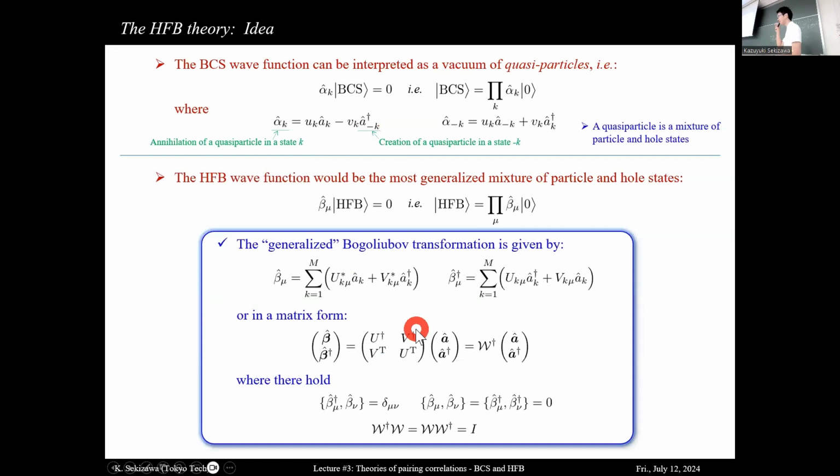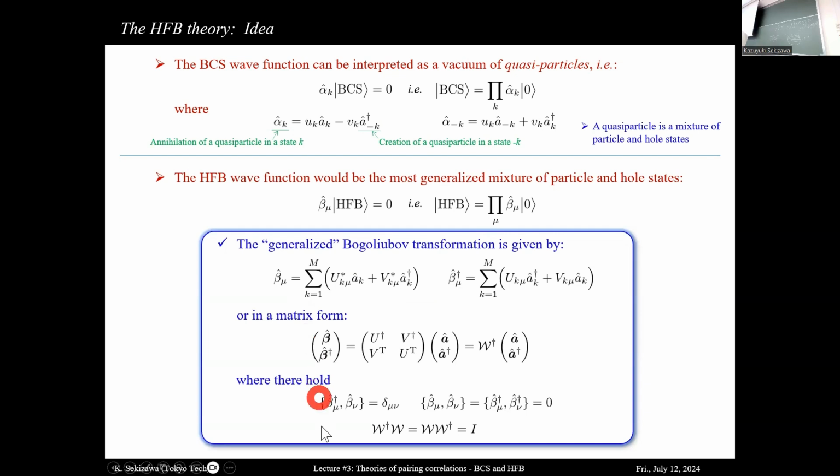We just require a variational condition to determine the coefficients U and V. So the HFB vacuum is a vacuum of quasi-particles that are very much generalized compared to the BCS quasi-particles. By taking the variation, you can calculate the energy expectation value and take the variation with respect to U and V. You can derive the HFB equation.